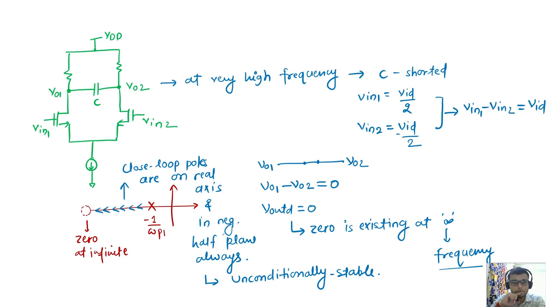What more? Okay, yes. If I talk a little bit about its closed loop function, we have seen that its open loop transfer function is A naught divided by 1 plus s upon omega p1.